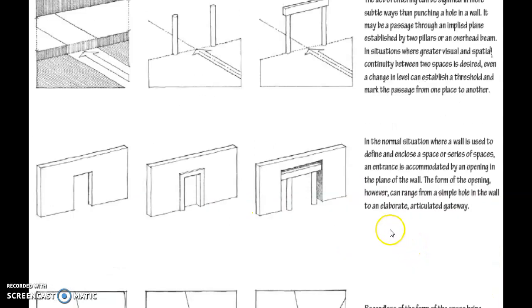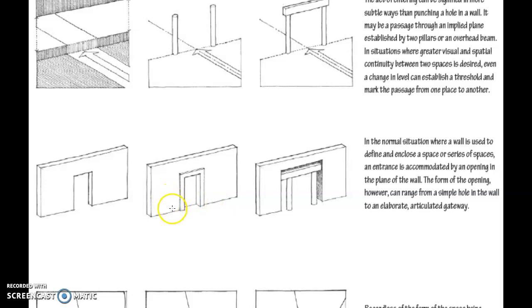Now, the normal situation, it can be a puncture in the wall. You can articulate the puncture through some projection or frame or some architrave around the puncture itself. An entrance is accommodated by an opening in the plane of the wall, like it is shown in the images.